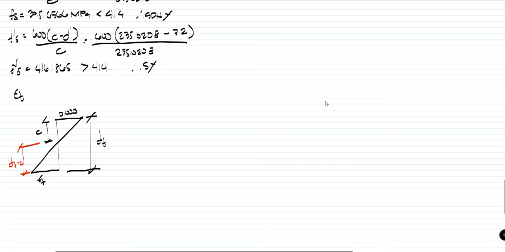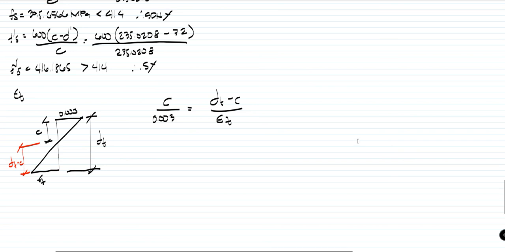From similar triangles, the first triangle, the c at the top, gives c over 0.003, which is equal to dt minus c over epsilon sub t.